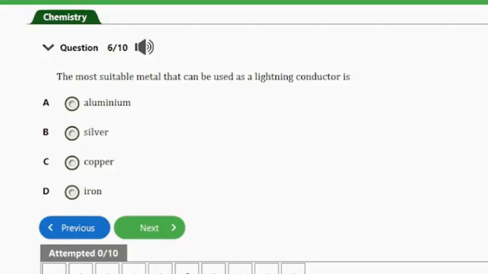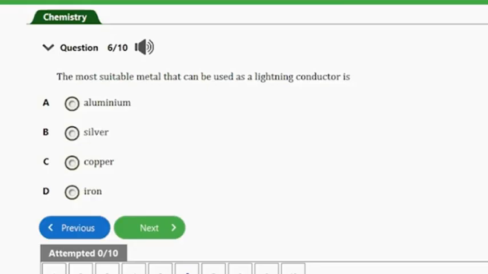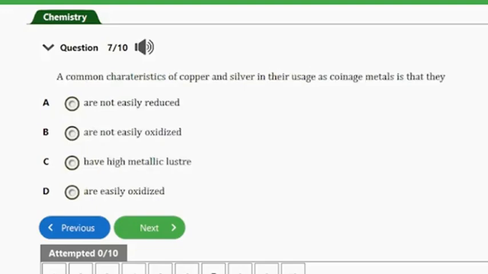It's also less expensive than silver and other good conductors. Iron is not a good choice because it rusts. And also aluminium here, while being a good conductor, is not as durable as copper. So guys, out of all the options here, copper seems to be the best choice, and that's the answer to this question, option C. So let's consider the next question.